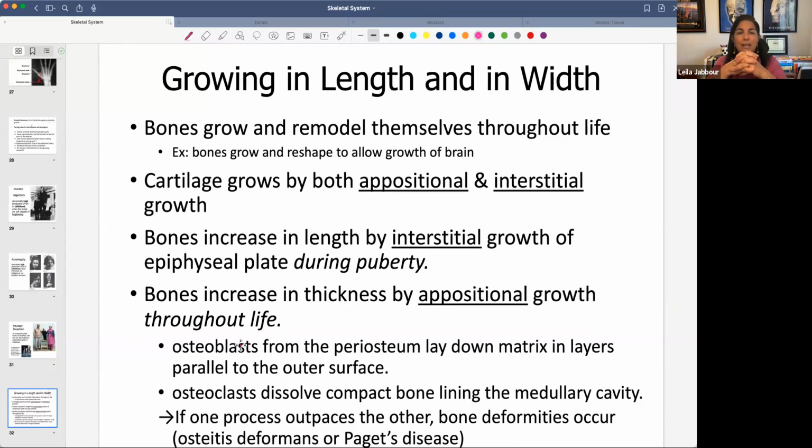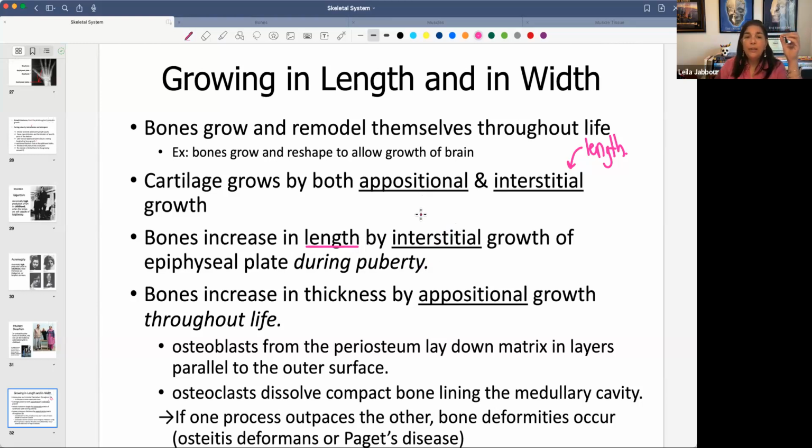So the interstitial growth is in length. Oh, actually I had written it here. Sorry about that. Interstitial growth, growing in length at the epiphyseal plate during childhood and puberty, and then the plates close up.